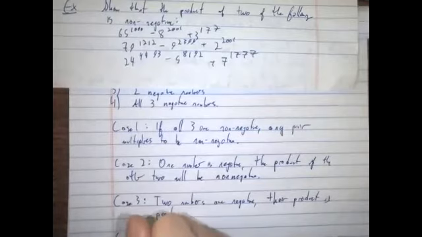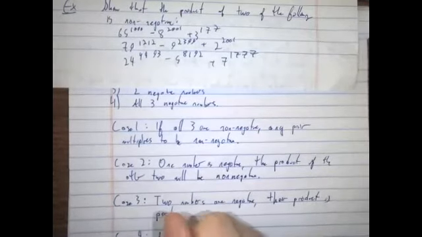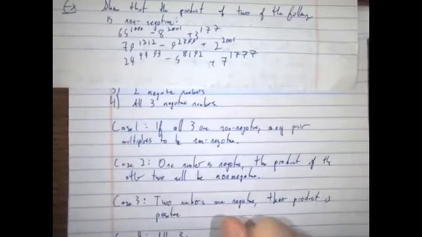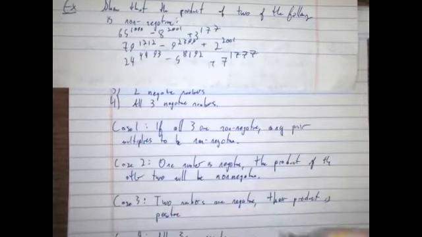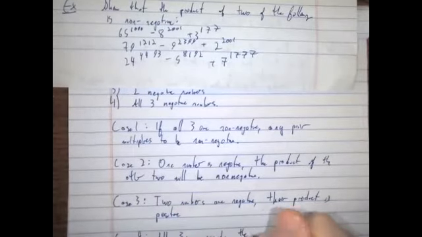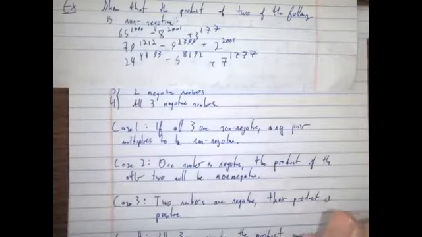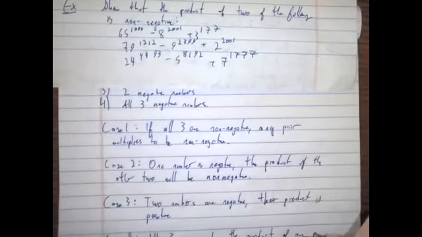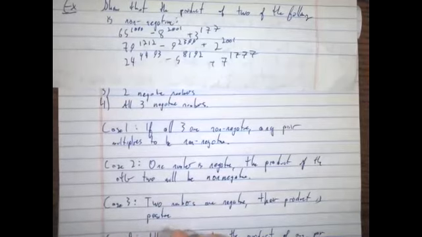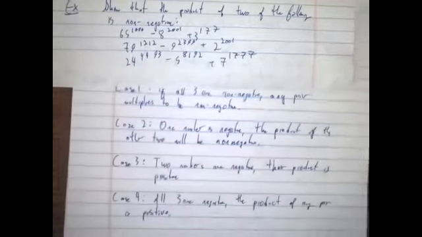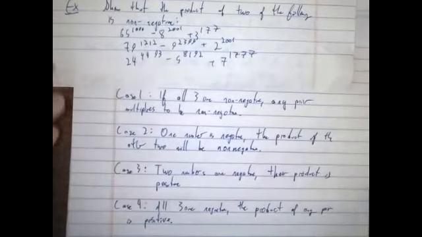And then case 4, all 3 are negative. The product of any pair is positive. Oh, you can't see. Okay.